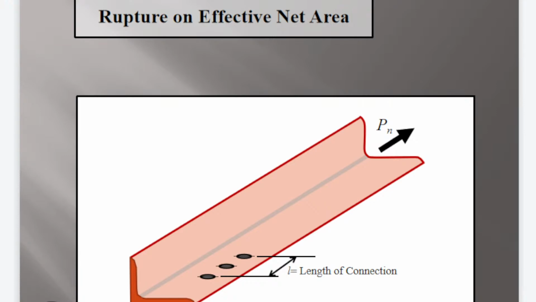For example, we have an angle bar and we have the bolt holes like this. We have line 1, line 2, line 3. This is what we mean by length of connection.